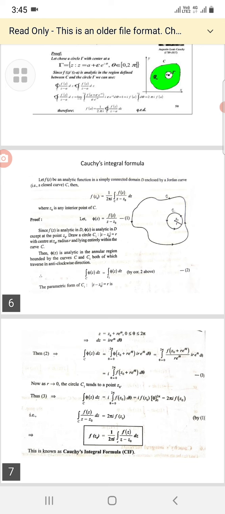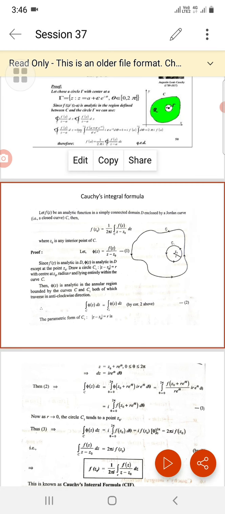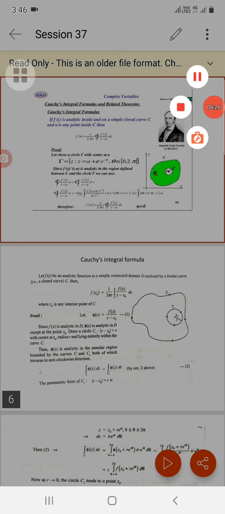That implies f of z0 is equal to 1 by 2 pi i integral over C of f of z divided by z minus z0 into dz, which is Cauchy's integral formula, also known as CIF. In the examination we can also write it as CIF.